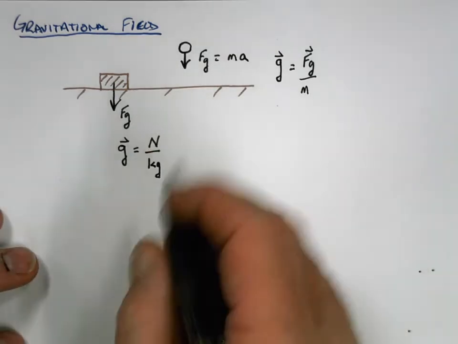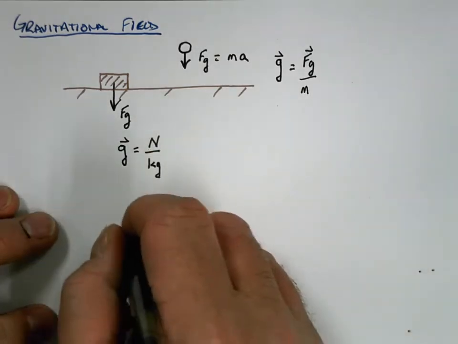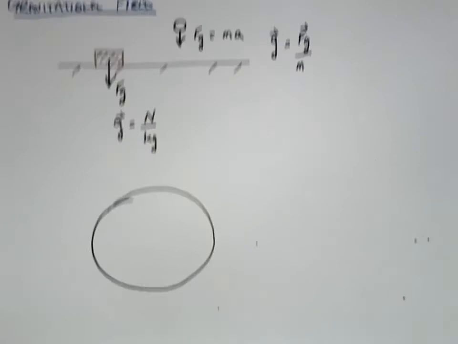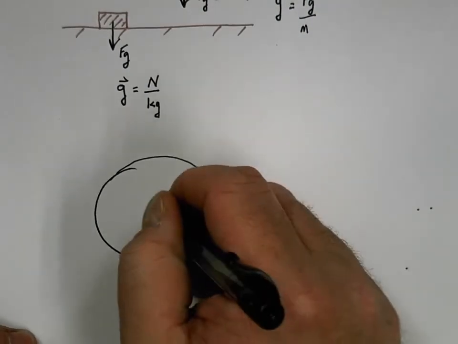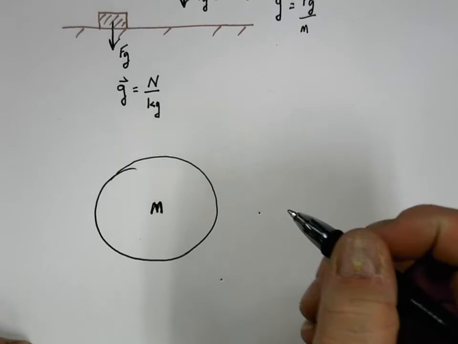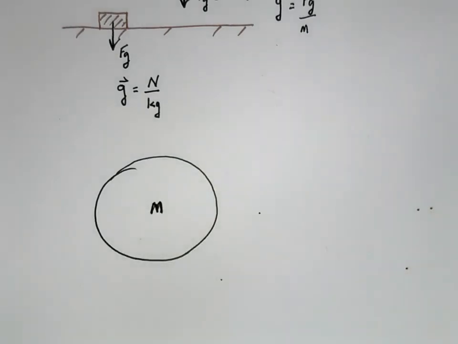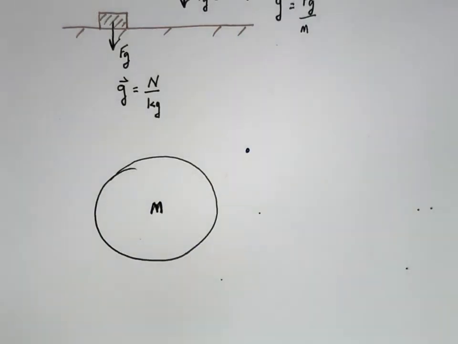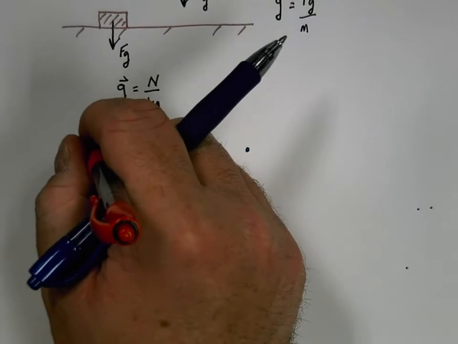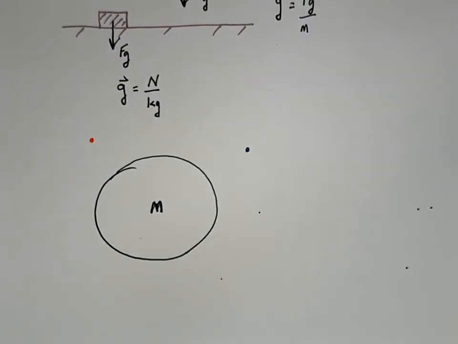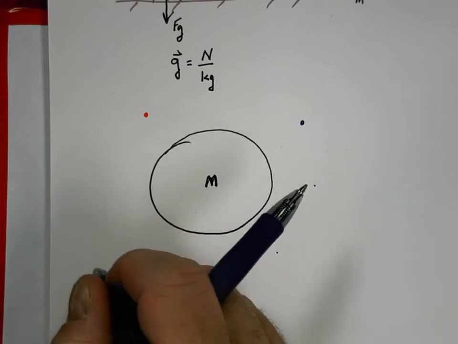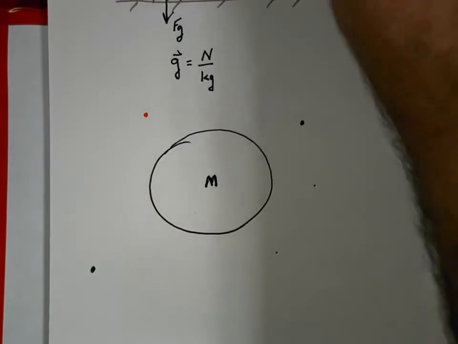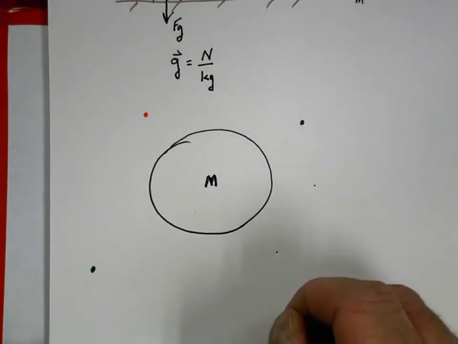We can extend this, but if we lift this crate to a place that's further away from the center of the planet, okay, here's the mass of our planet, and let's say we have a mass here, and a different mass out here, and then a different mass way over here, and another mass way over here.